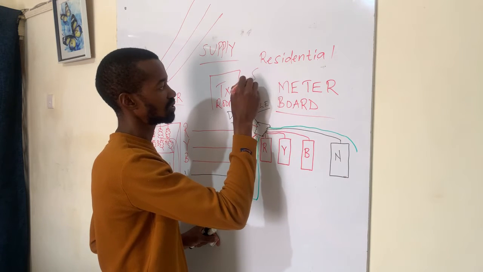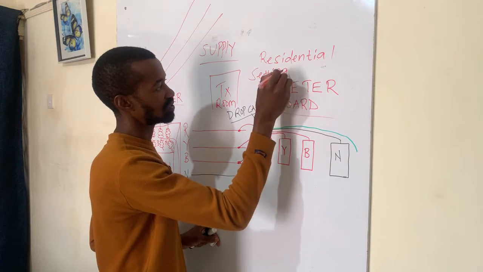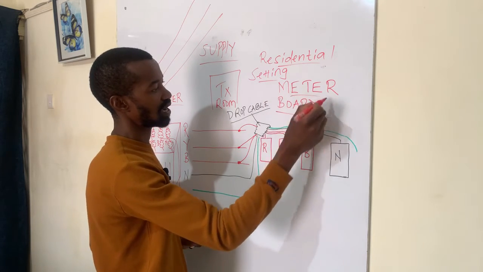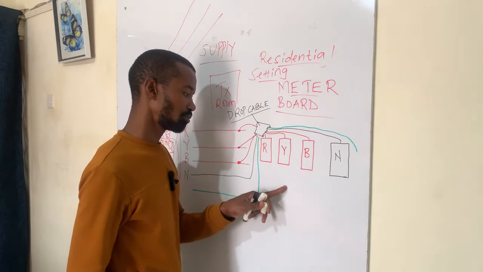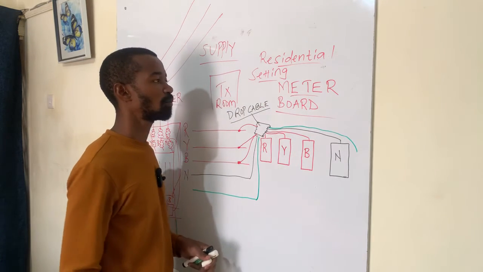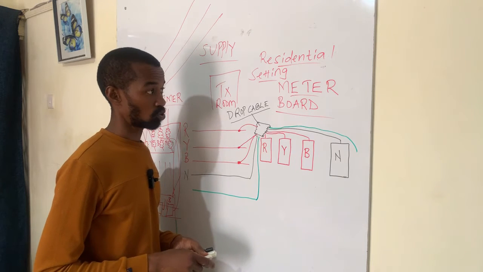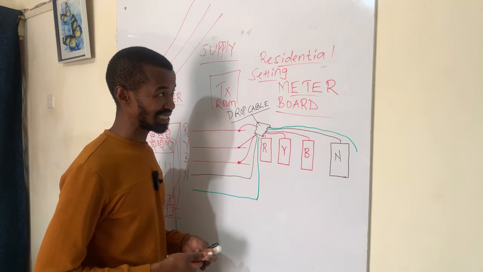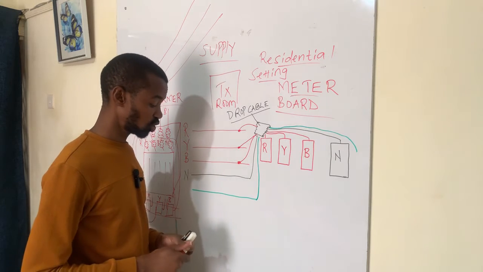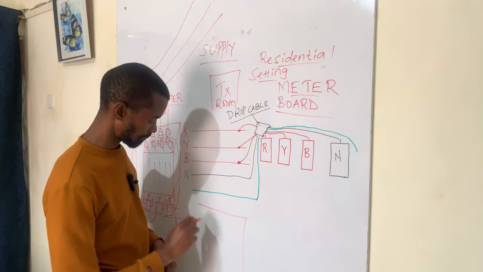Residential setting. If we have a residential setting here, we definitely have the meter board distribution. Now, being a residential, you probably have several stories or several units.